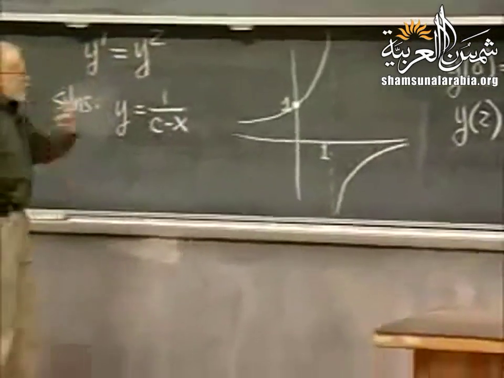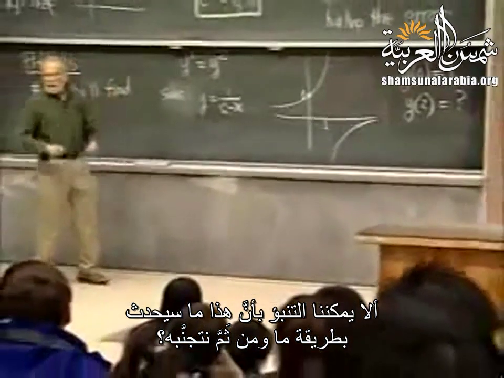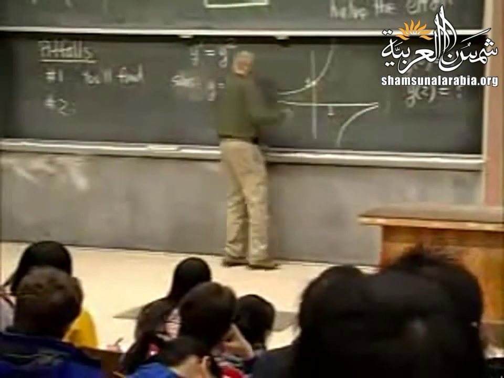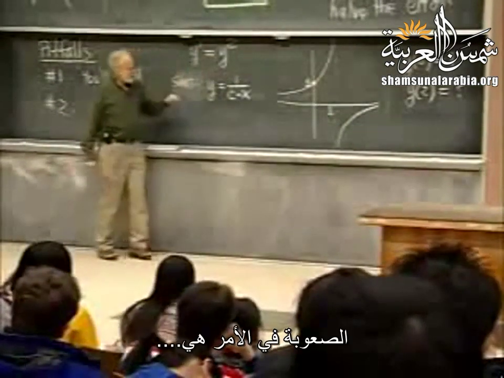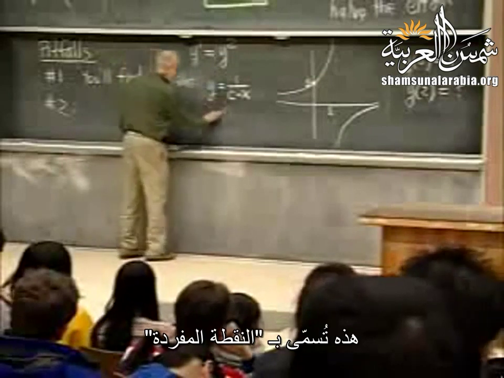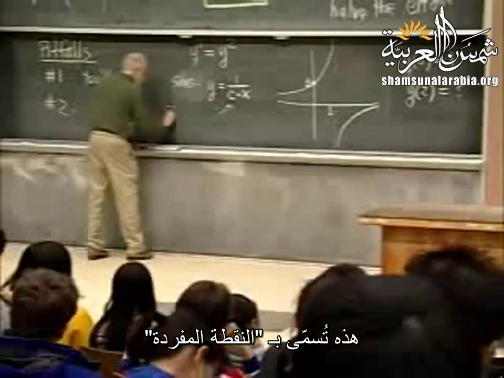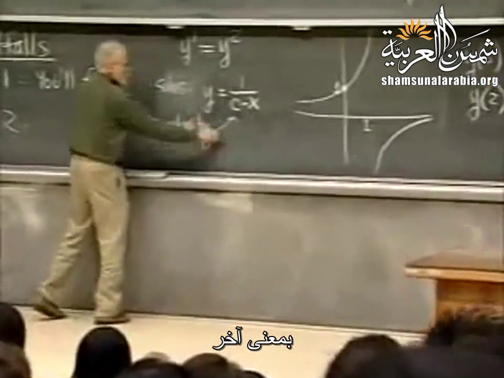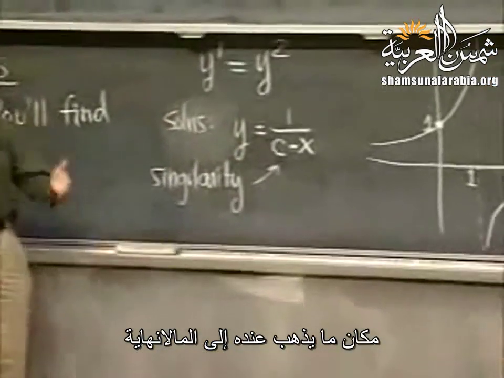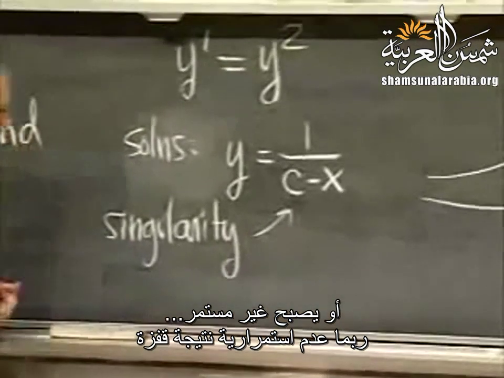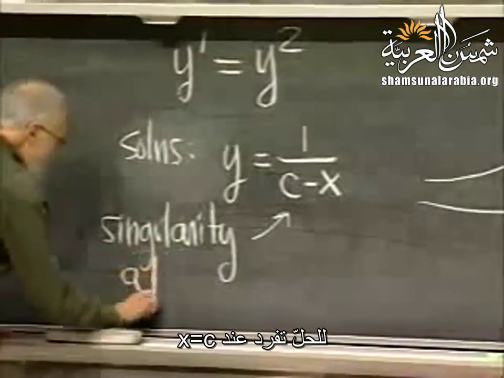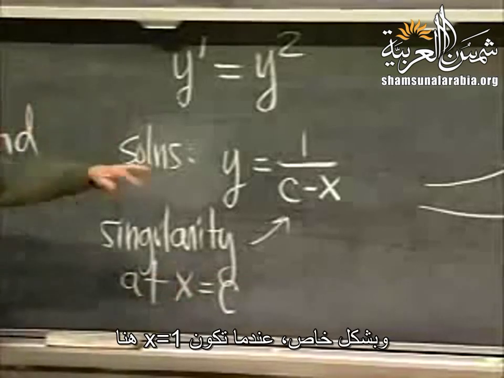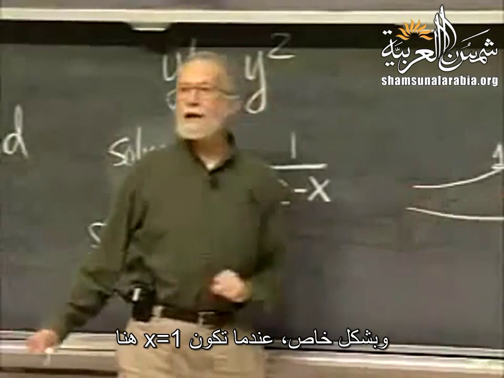Okay, well, can't we predict that that's going to happen somehow and avoid it? The whole difficulty is what's called a singular point. This solution has a singularity, in other words, a place where it goes to infinity or becomes discontinuous, maybe has a jump discontinuity. It has a singularity at x equals c, in this particular case at x equals 1.